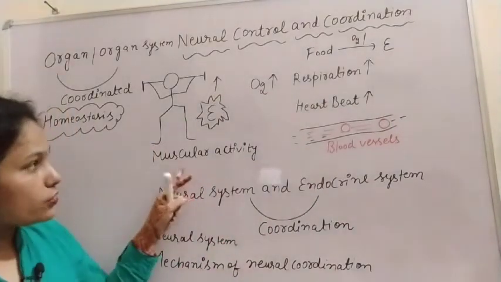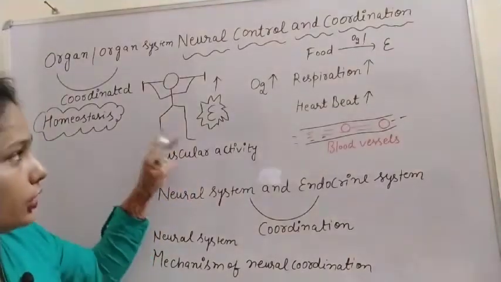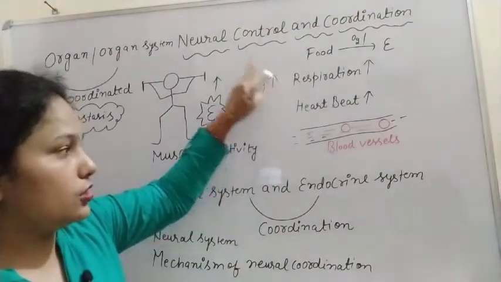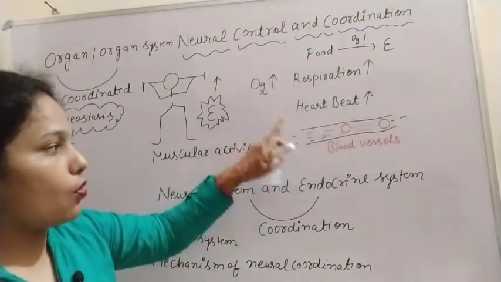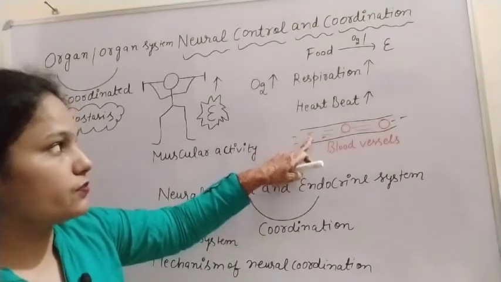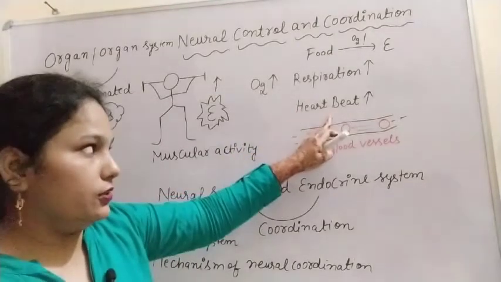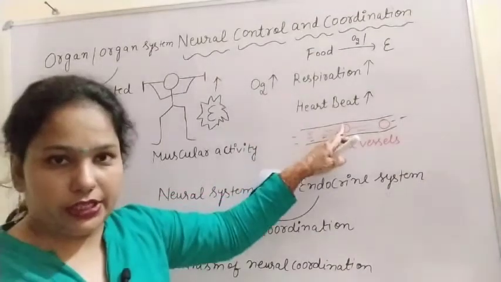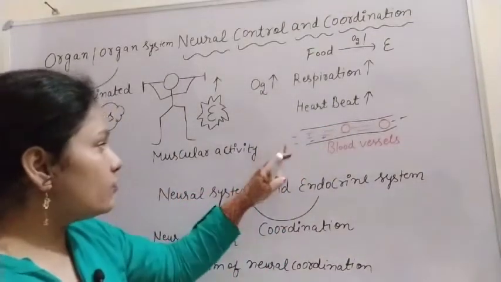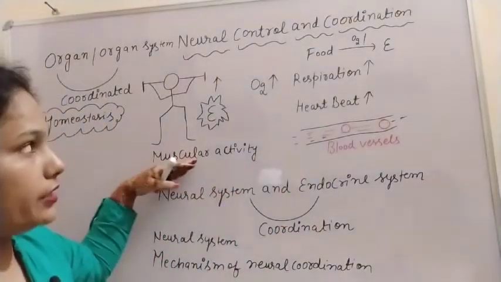So when we are doing muscular activity, the other functions like respiration, heartbeat, and flow of blood in the blood vessels are also affected, or coordinated. But when we are at rest, then what happens?